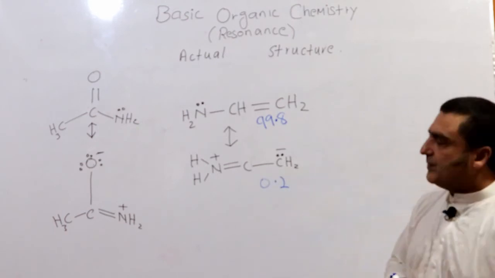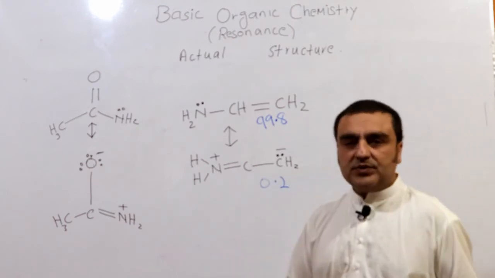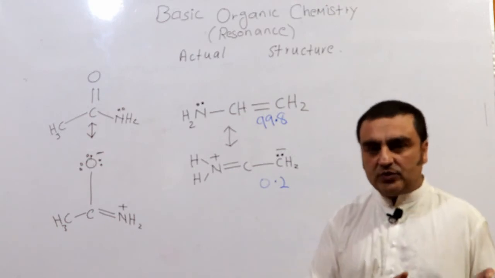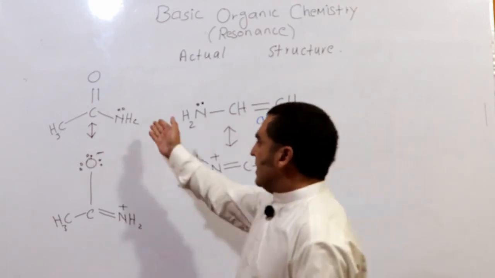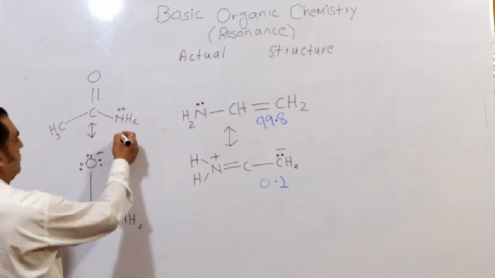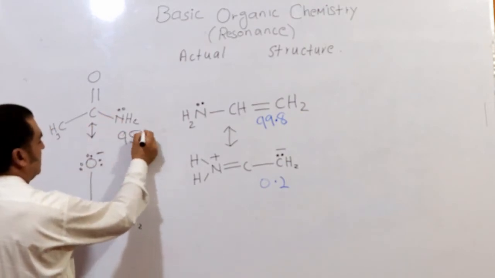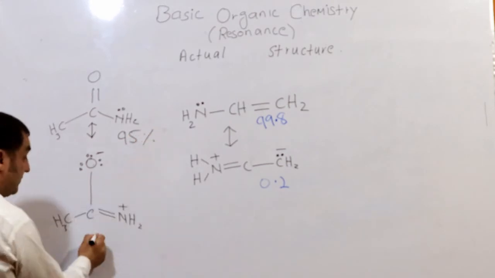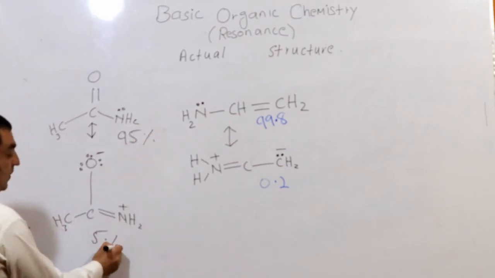Suppose these are relative values, not exact values, but very helpful to make you understand. Then in the previous example I told you that it has 95% contribution and it has 5% contribution. Why?